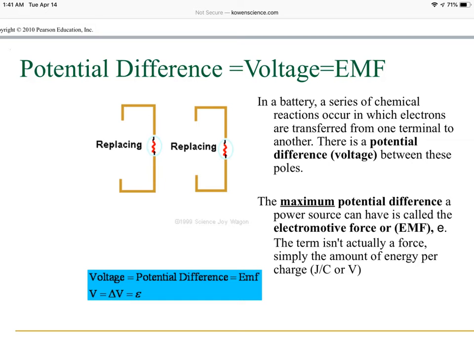In a battery, a series of chemical reactions occurs in which the electrons are transferred from one terminal to another, and so there will be a potential difference, or a voltage, between the poles. The maximum potential difference that the power source can have is called the EMF, so that our voltage equals our potential difference, which equals our EMF.